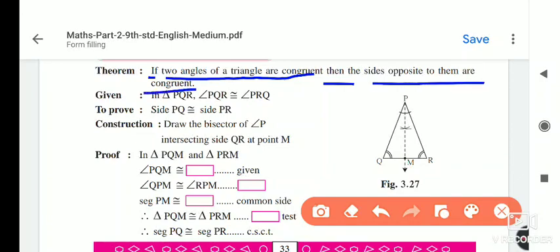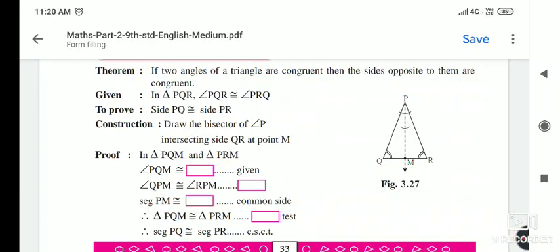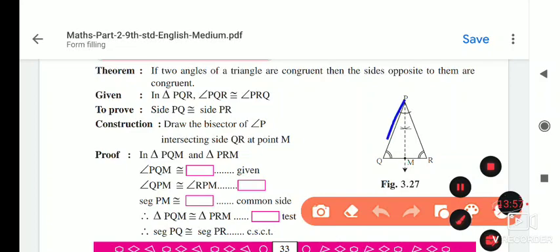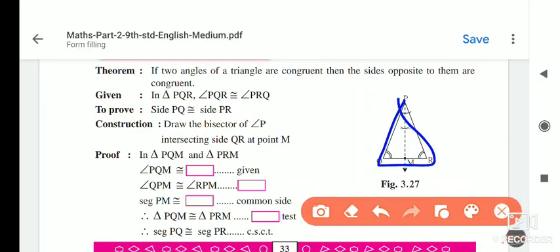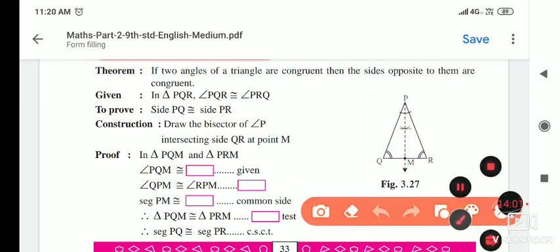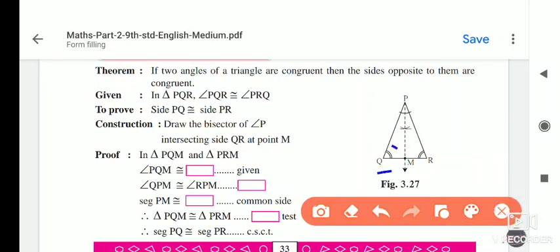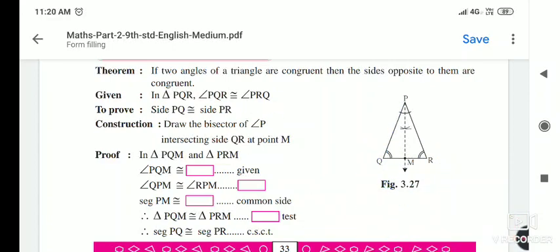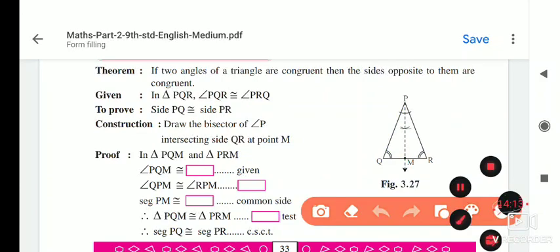So, if two angles of a triangle are congruent, then the sides opposite to them are congruent. First of all, here is triangle PQR. Given is that angle Q is congruent to angle R, meaning angle PQR is congruent to angle PRQ.